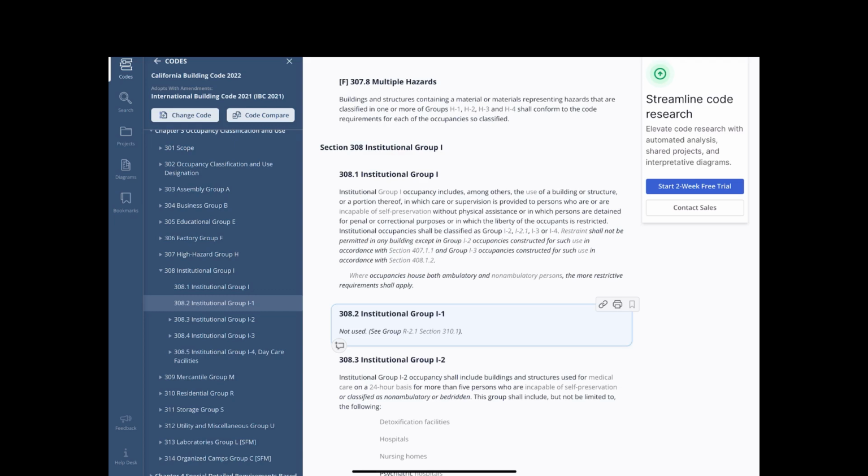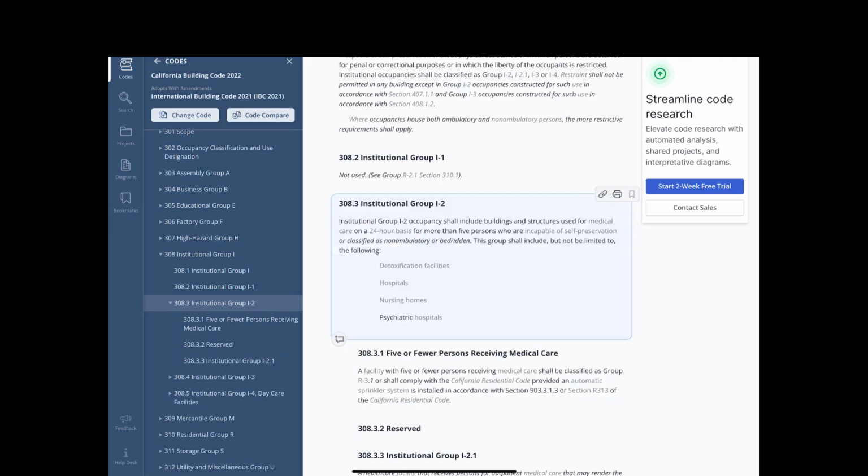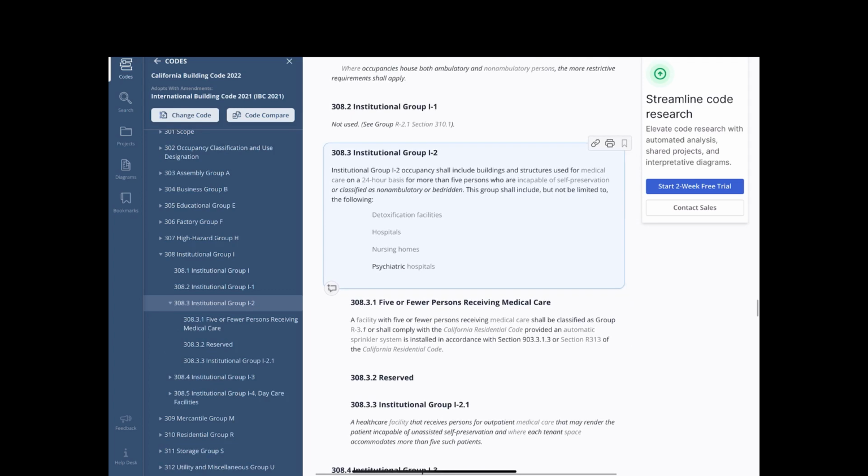And in this question, it's kind of stipulating that these persons would potentially need assistance. So I would stay away from an I1 for this question. And for I2, it says buildings or structures for medical care on a 24-hour basis. So there's that time component for more than 5 people, incapable of self-preservation. So yeah, this looks closer to what we're talking about in this question.